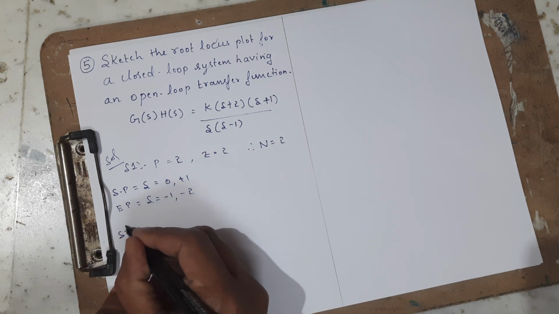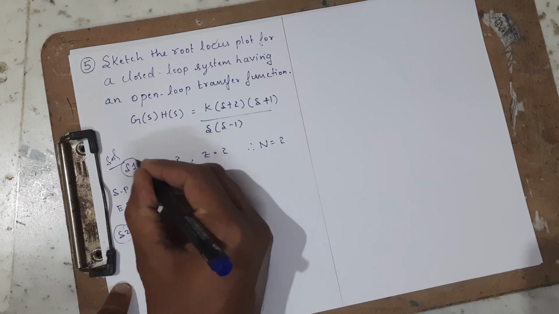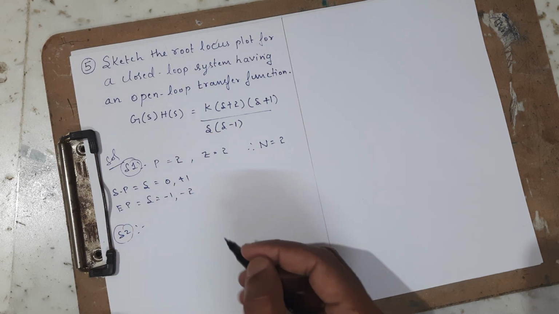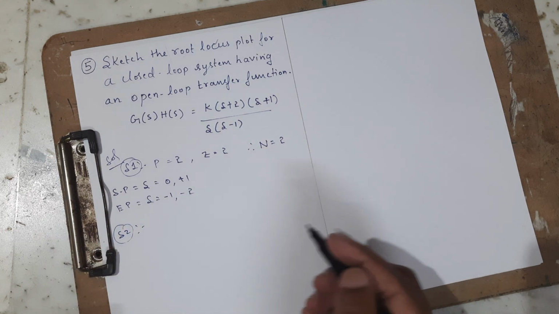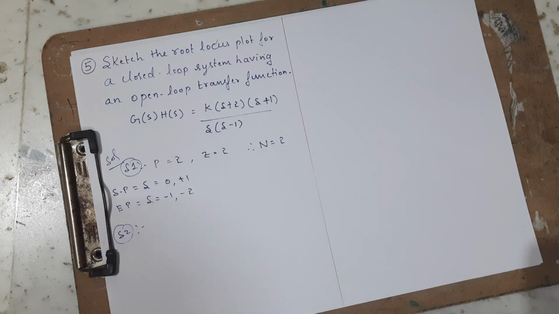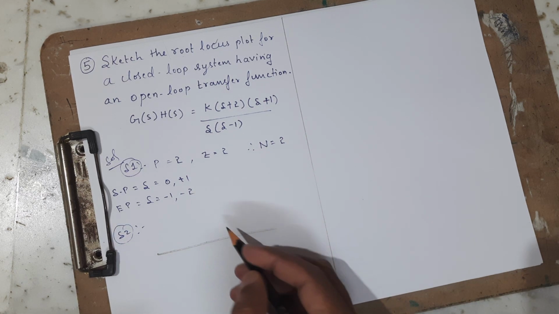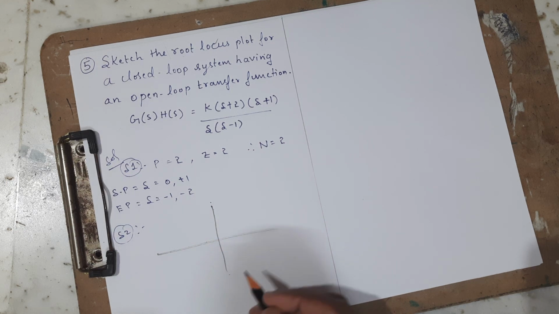Next, step number 2. What is step number 2? We are going to draw the pole-zero plot and predict the root locus between the roots. For that I am going to draw an S-plane like this.